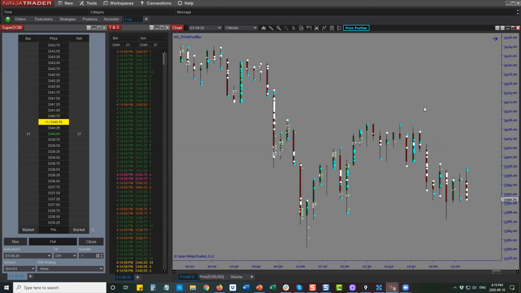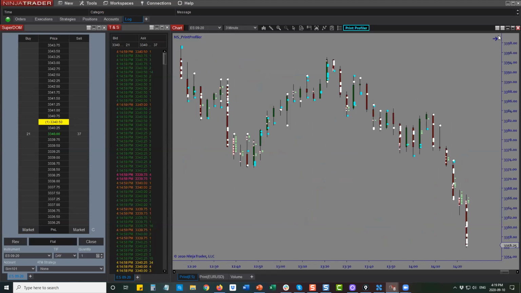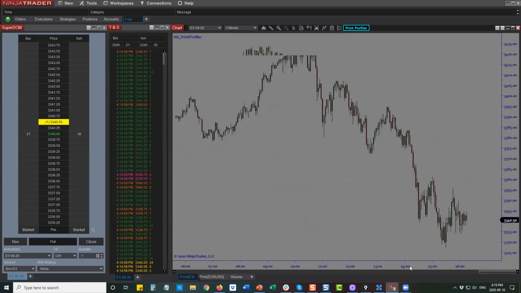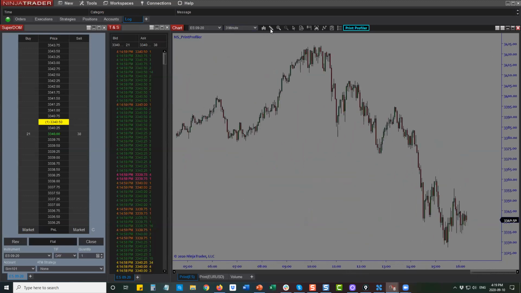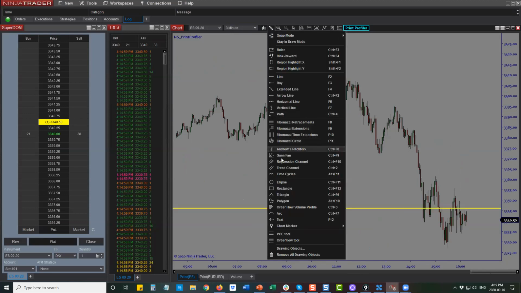But what ends up happening is, I'll give you an example. Let's say I had a support level here, and I had a support level here.